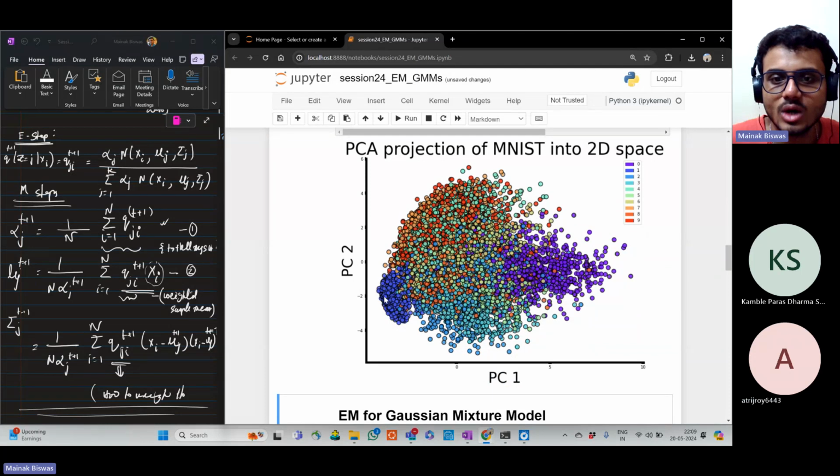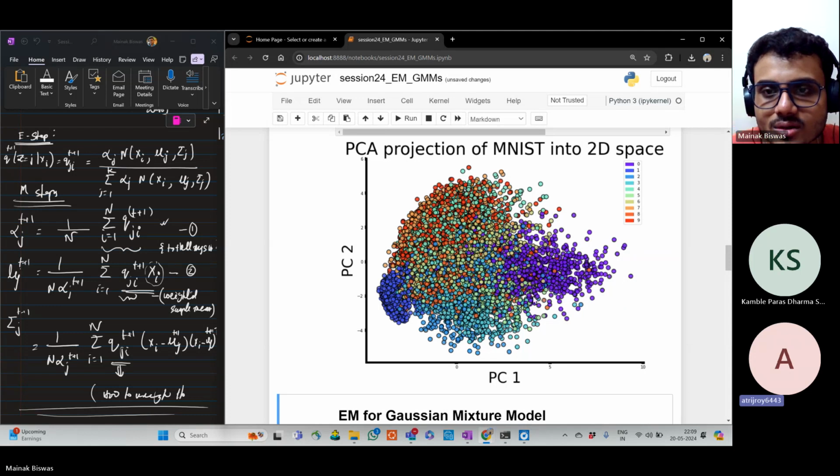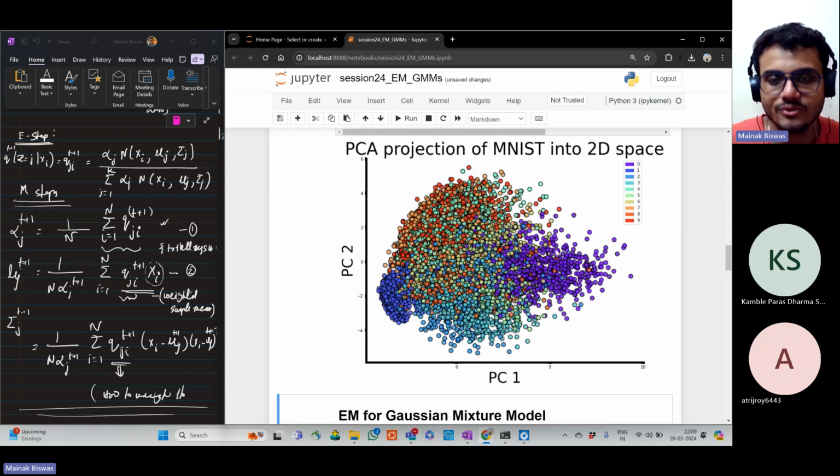Yes, the ones are clustered here, very distinct. Few are very distinct, but some are mixed. For example, 2 and 3 have very similar features. I think they are capturing the top of the 2 there. If you take more components, they may be separated out.